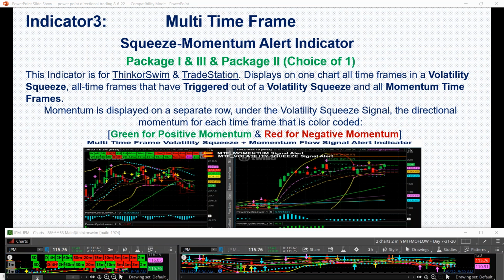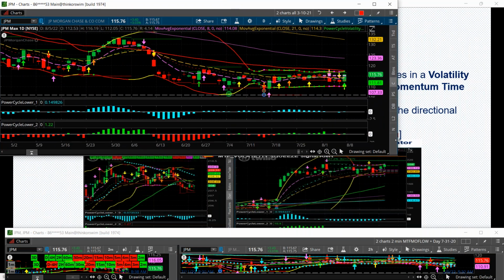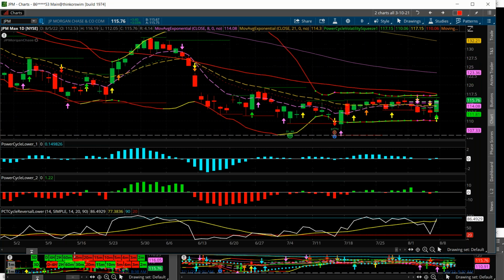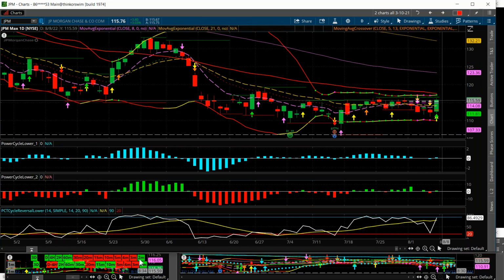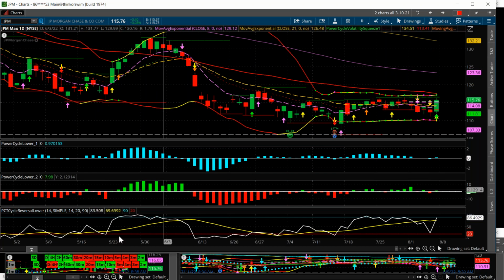I can flip through and analyze stocks quickly with this additional indicator to see what other time frames are showing positive momentum. It gives you multiple time frames of momentum. You can see JP Morgan going into the close, momentum started shifting off and just kind of started stalling.